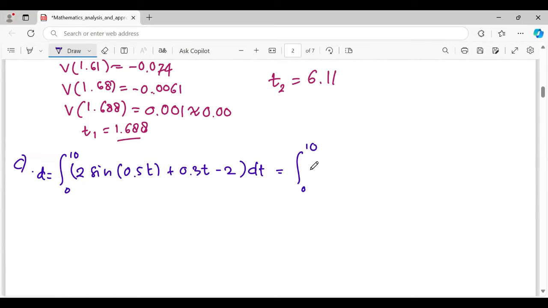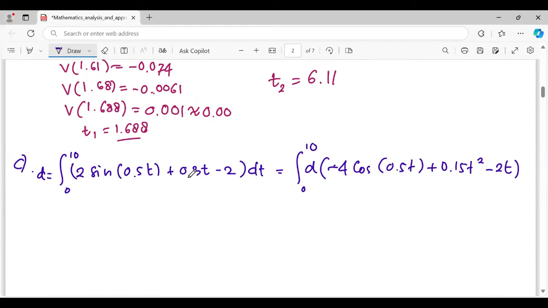Okay, the integral of this function is minus 4 cosine 0.5t plus 0.15t squared minus 2t.